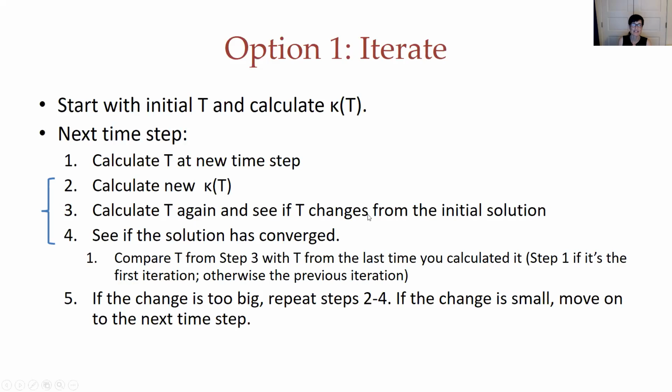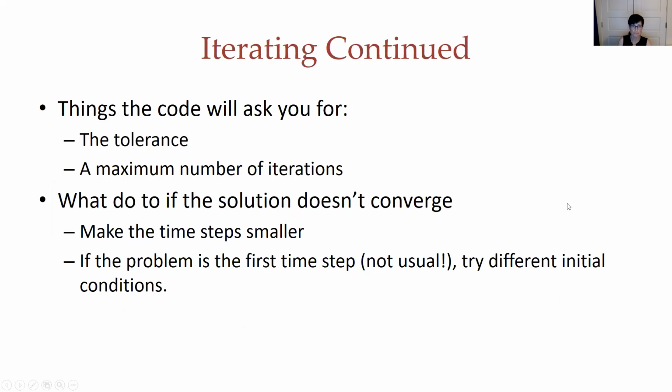So let's think about what your code would ask you for. It's going to want to know that tolerance so that it knows whether it's close. And it's also going to ask for a maximum number of iterations. This is just a practical thing, because if you tell your code that it can do 100 iterations on each time step, and it needs all 100 or close to 100, it's going to take a long time to run.